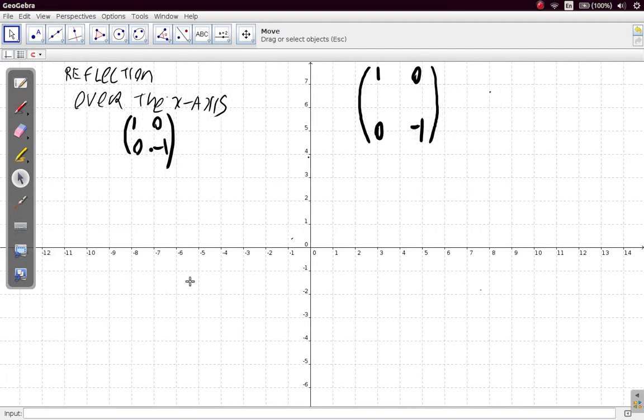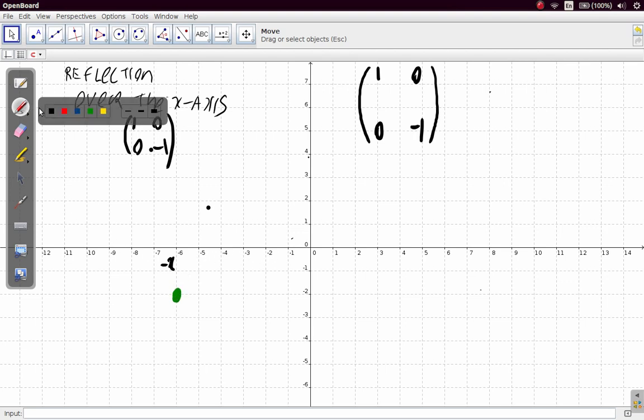All right. Now, let us put a point over here, a general point. Now, this is a negative X. This is negative X, negative Y. So, let's put a green point right here.